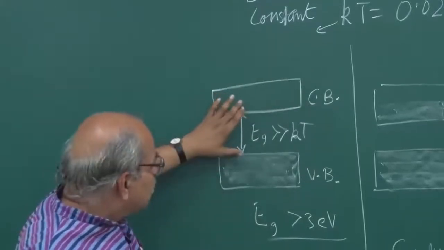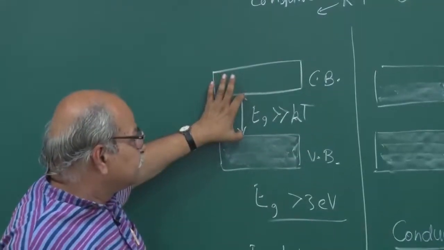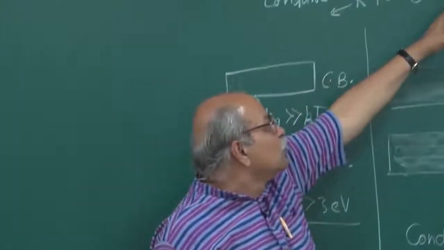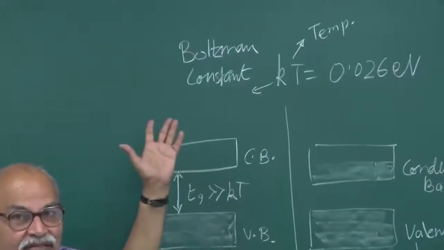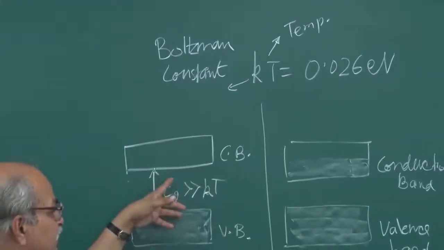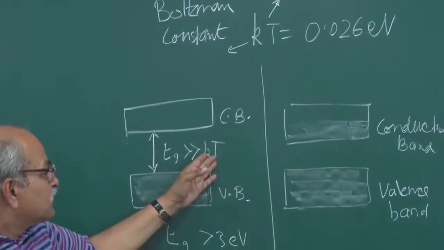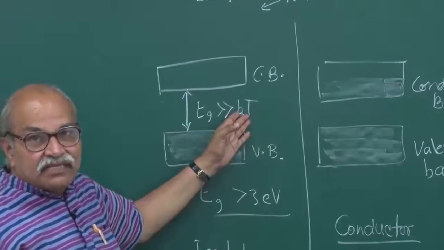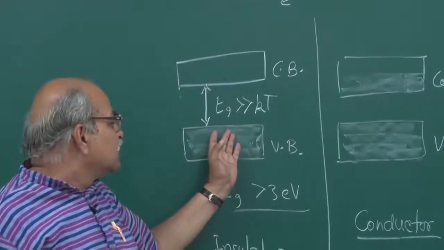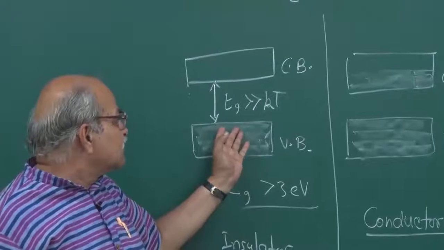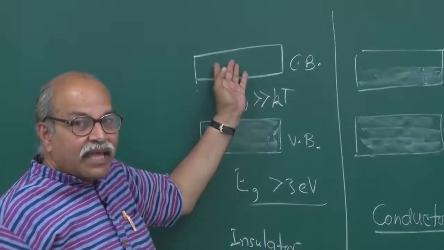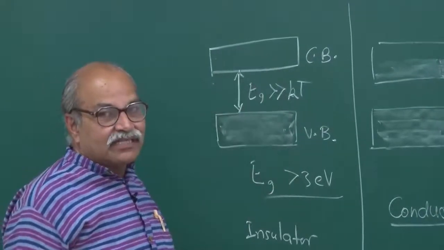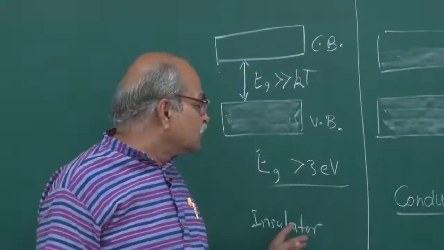But if this gap is very large, say 100 times kT, that will be 2.6 eV, or 200 times, 300 times, then even at room temperature, through thermal interactions, there is a negligible chance that some electrons will accept those thermal energies and go to the conduction band, and therefore it still remains empty. And these are insulators.